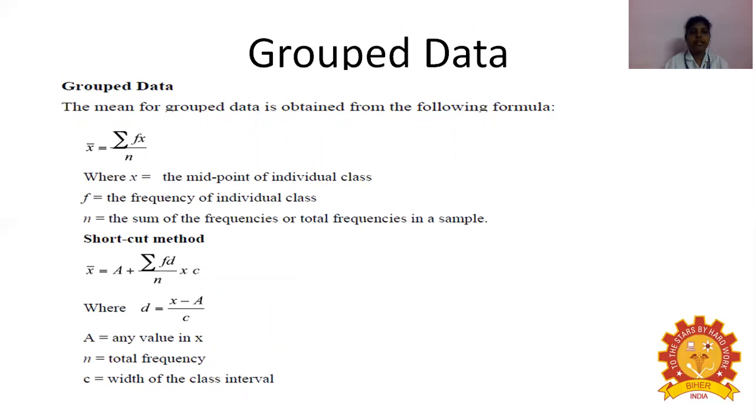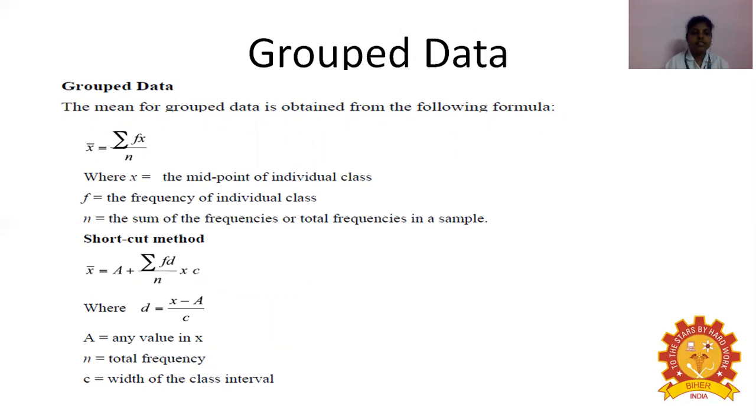Next, grouped data. The mean for grouped data is obtained from the following formula: x bar equal to summation fx by n.